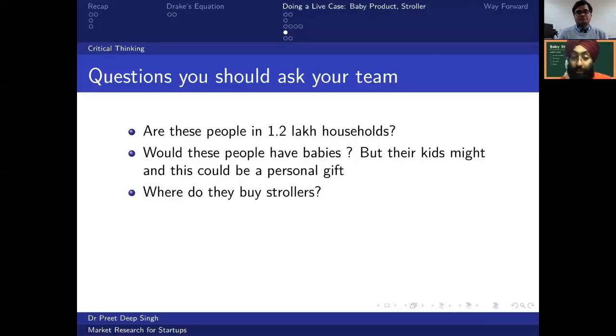Another question here. 1.2 lakh individuals earn this money. Does that mean 1.2 lakh households earn this money? This is another critical thought. So, one, it could be that I and my wife both earn this amount of money. The other case is that neither of us earns.